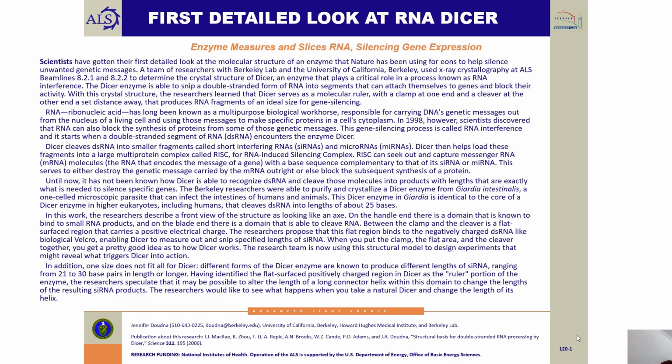The researchers proposed that this flat region binds to the negatively charged double-stranded RNA like biological Velcro, enabling Dicer to measure out and snip specified lengths of siRNA. So when you put the clamp, the flat area and the cleaver together, you get a pretty good idea as to how Dicer works.